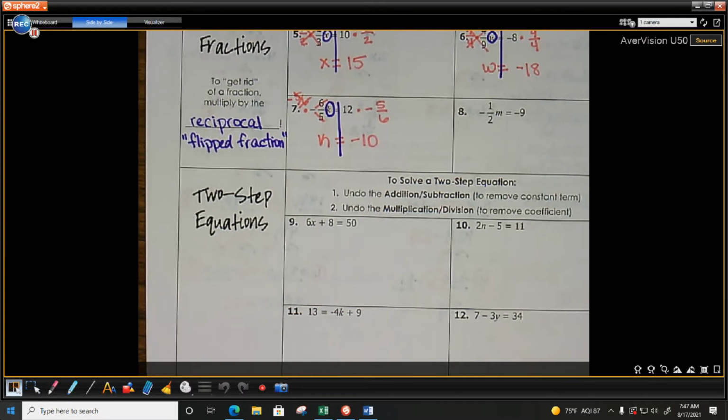Oh, do -9 times. Sorry. Do -9 times the fraction. So now we -2.